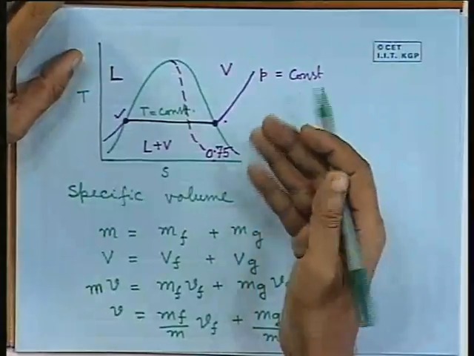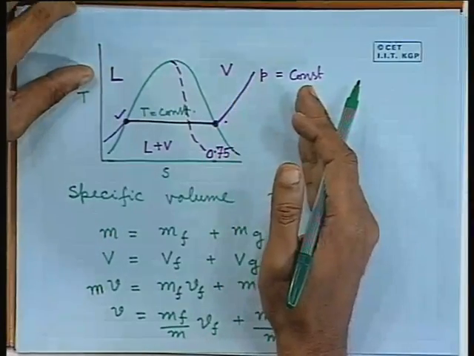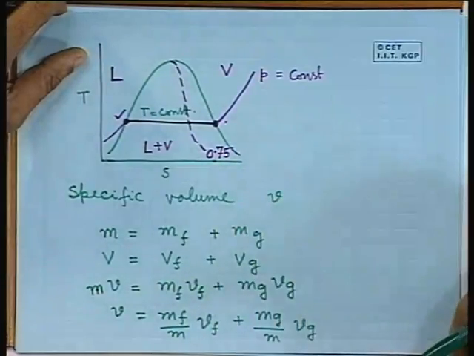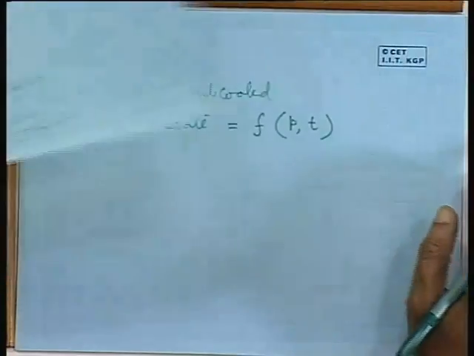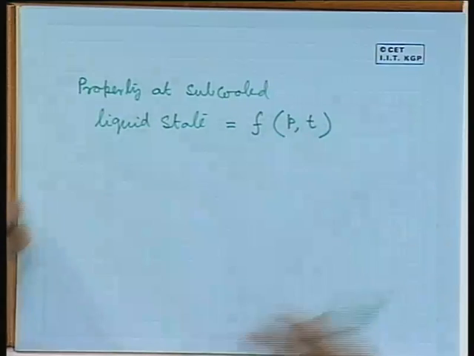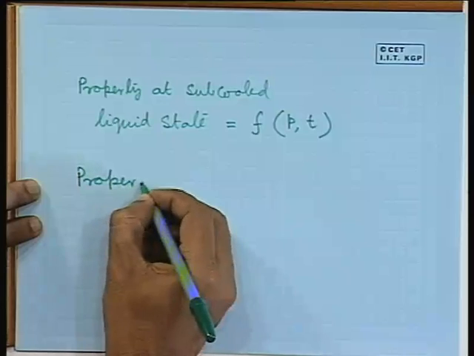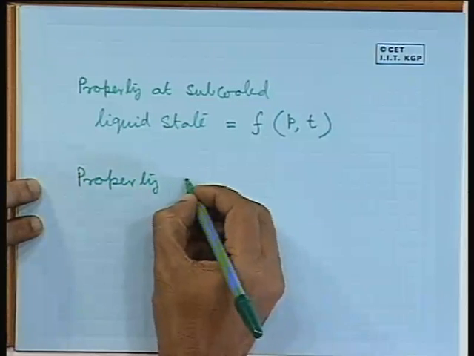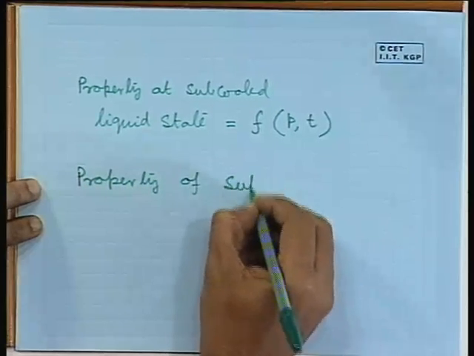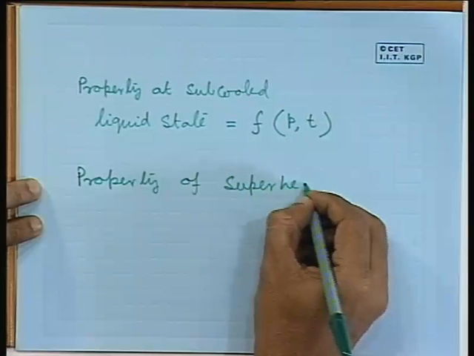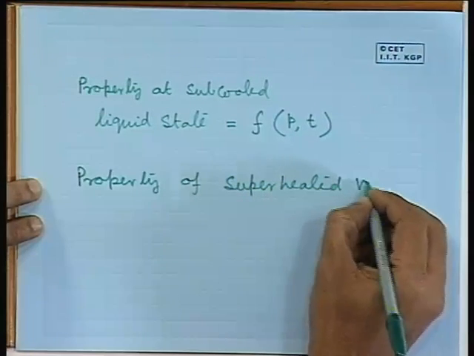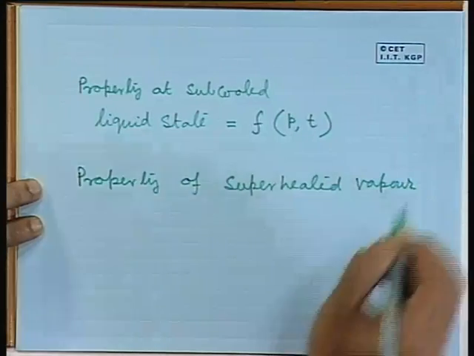Then we go to the other side of the dome, on the right hand side of the dome, which is the superheated vapor region. In the superheated vapor region, the property of superheated vapor again will be a function of two independent thermodynamic properties.